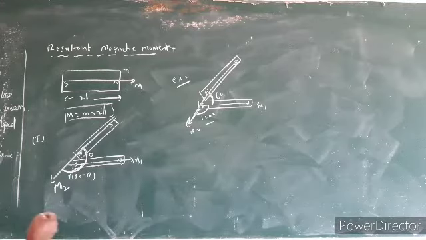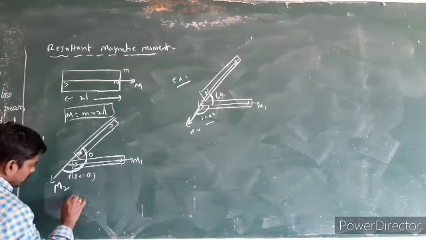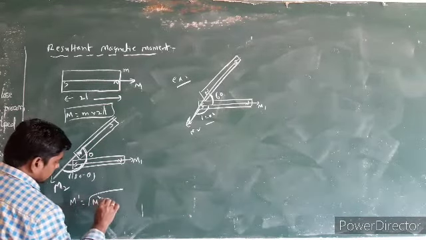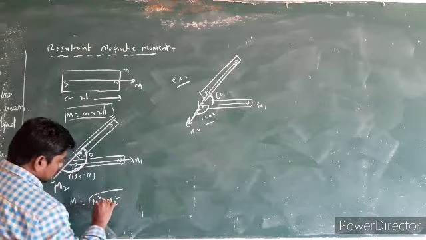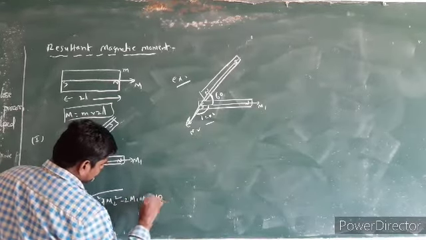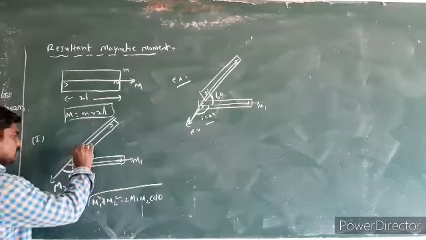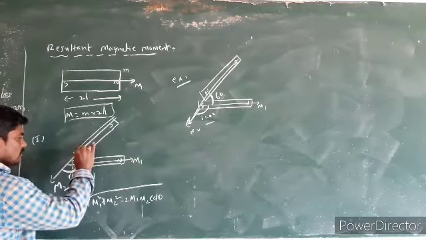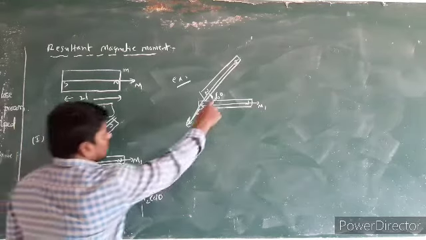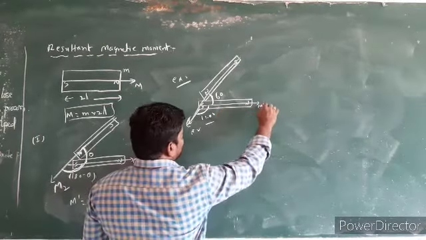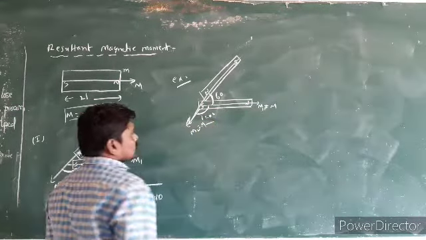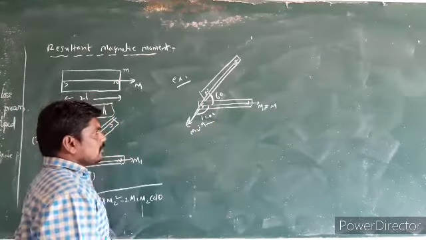Now, in this case, to calculate the magnitude of the net magnetic moment, we have to consider M1 square plus M2 square minus 2 M1 M2 cos theta, if theta is the angle between the axes. When unlike poles are in contact, this is the formula. Now, let M1 be equal to M and M2 be equal to M: two identical bar magnets.